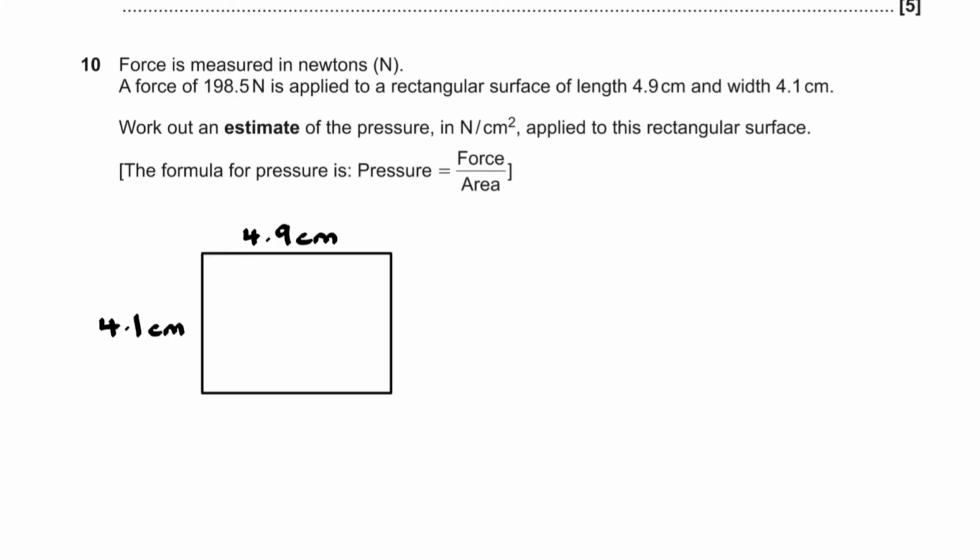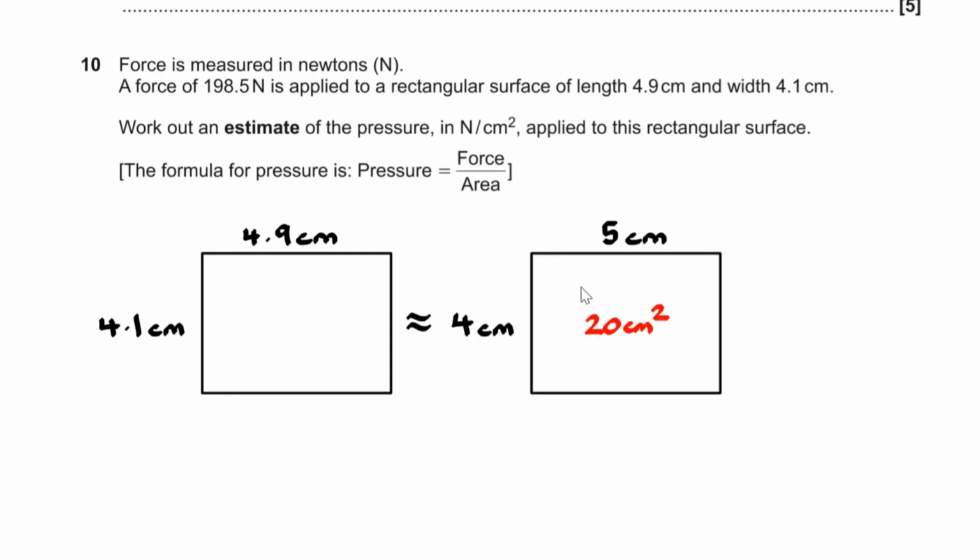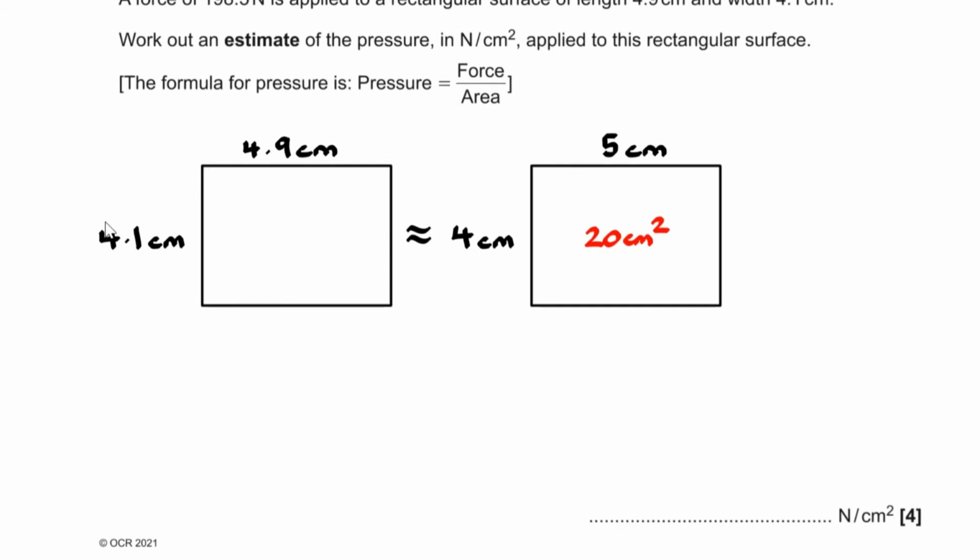So here is our rectangle. Here are its dimensions. We can approximate the area of this rectangle as follows. We can round down the 4.1 centimeters to 4 centimeters. We can round up the 4.9 centimeters to 5 centimeters. So the area is 4 times 5, which is 20. The area of the rectangle is approximately equal to 20 centimeters squared.